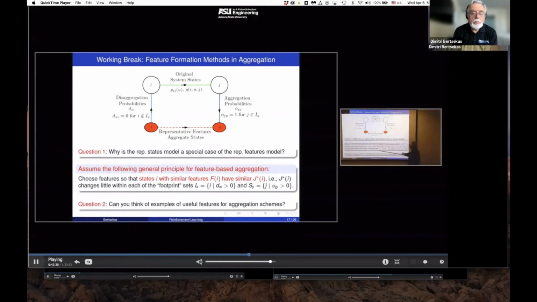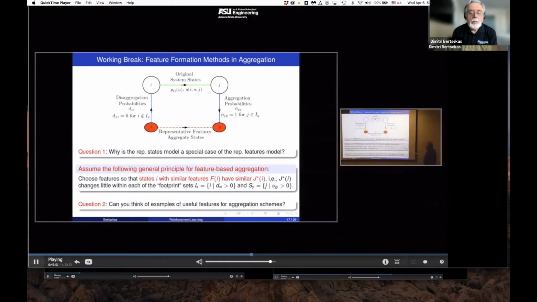Just like we had this error bound for representative states, there is a general principle in this feature-based aggregation, which I'm not going to prove right now, but it's intuitive, namely that we should be choosing features so that states with similar features have similar cost function. That's what features are for, to tell us something about J star, right? So suppose that we have a feature map like that.